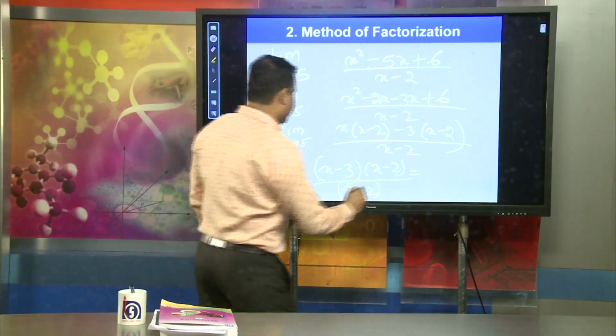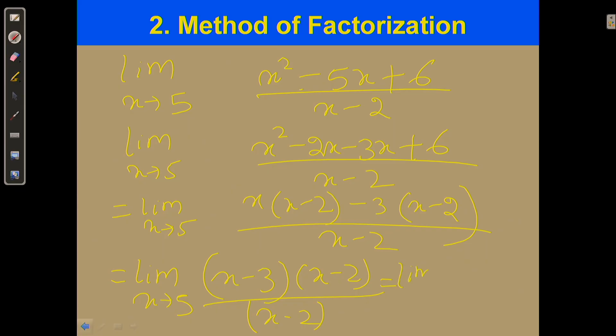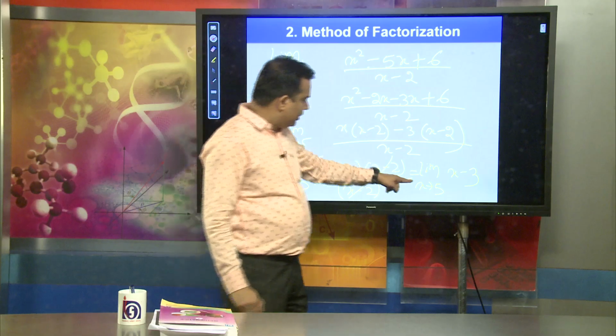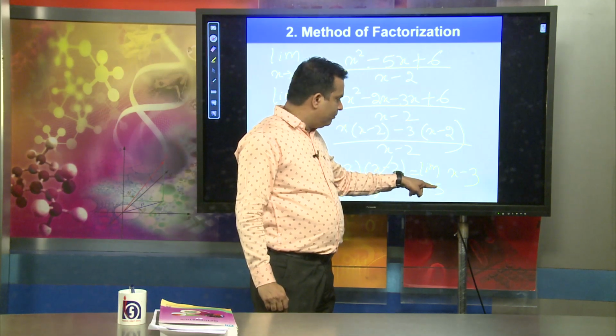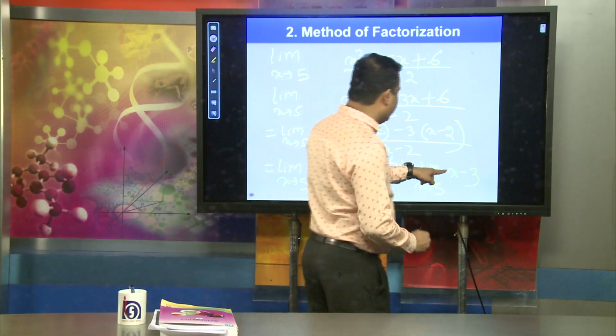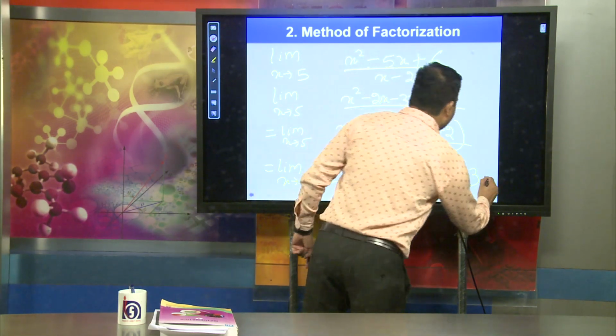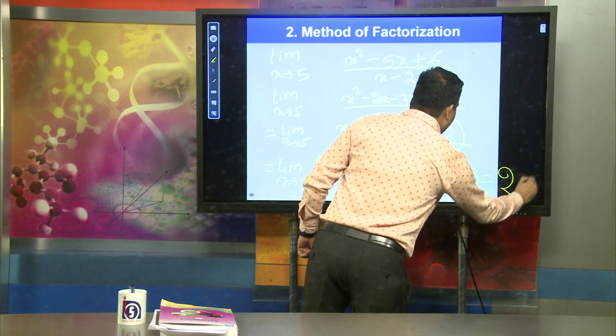So we can write the limit as x tends to 5 of x minus 3, because x minus 2 is cancelled. Then putting the value 5 in place of x, the result is 5 minus 3, which is 2.